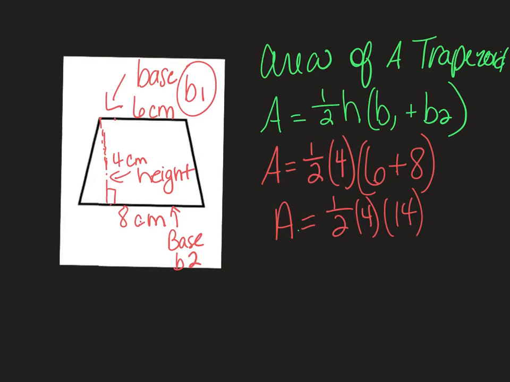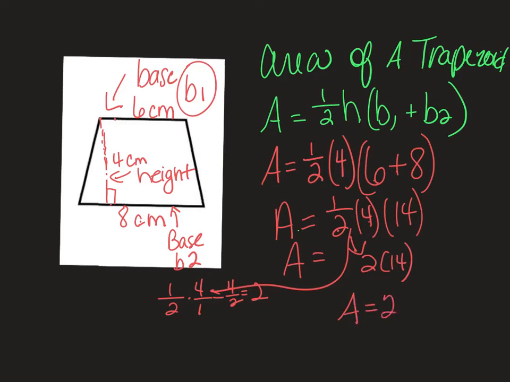Now I'm going to go back over here and solve. 1/2 times 4, let me remind you, is the same as 1/2 times 4 over 1, which equals 4 over 2, which equals 2. So this changes to 2 times 14. Area equals 28 centimeters squared.